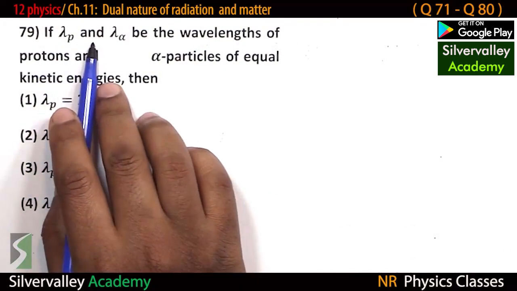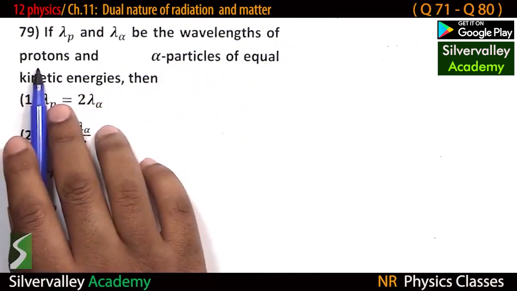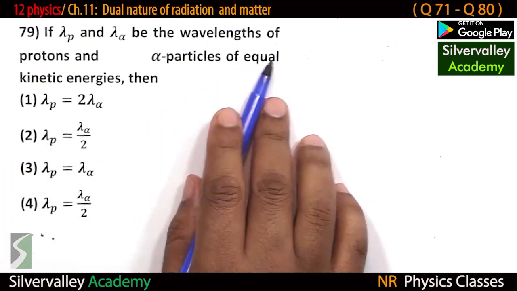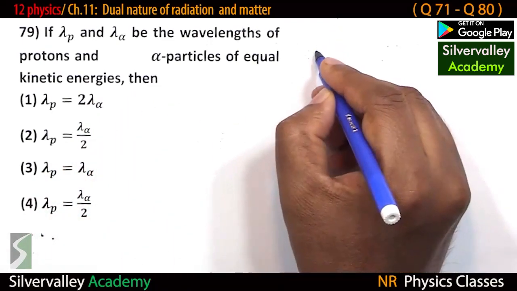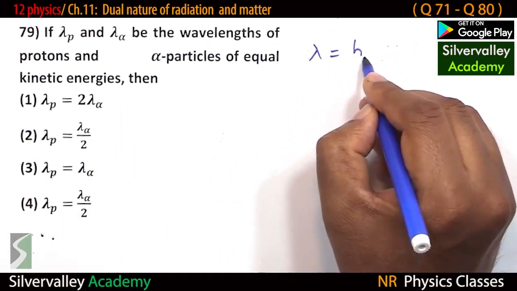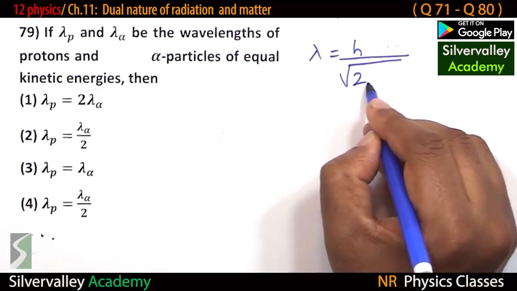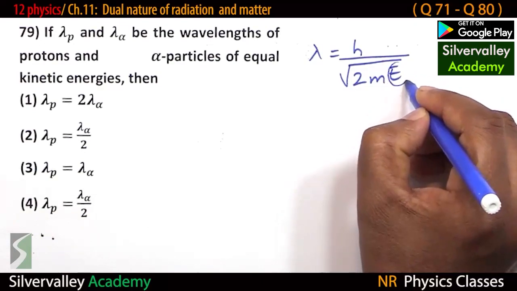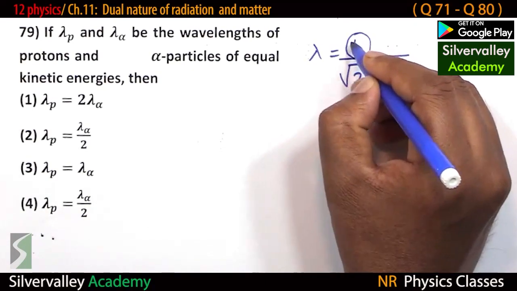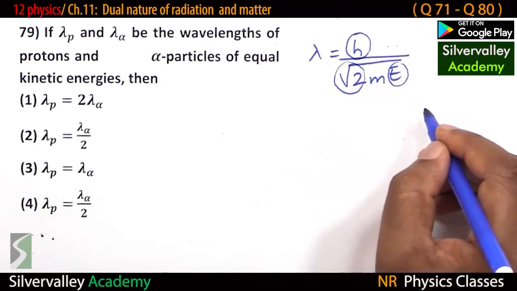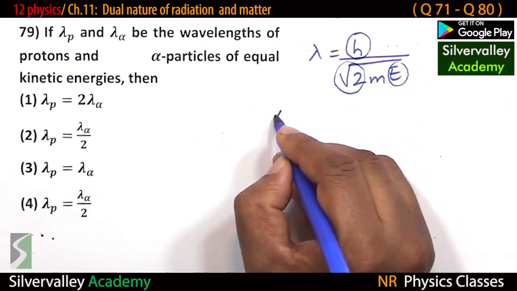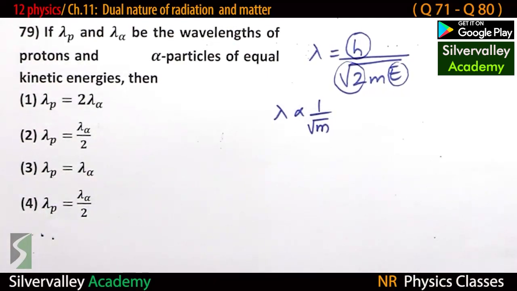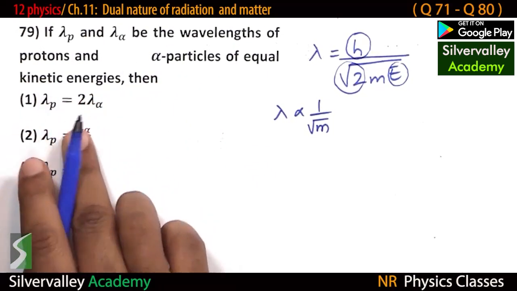If lambda proton and lambda alpha are the wavelengths of protons and alpha particles of equal kinetic energies, lambda equals h by root of 2mE. Equal kinetic energy means kinetic energy is constant. h is already a constant, root 2 is constant. Therefore, lambda is inversely proportional to root of mass. Then we have to find the relation.